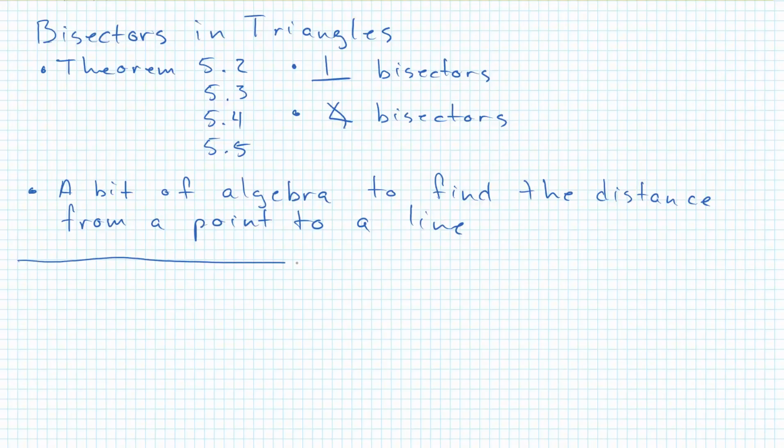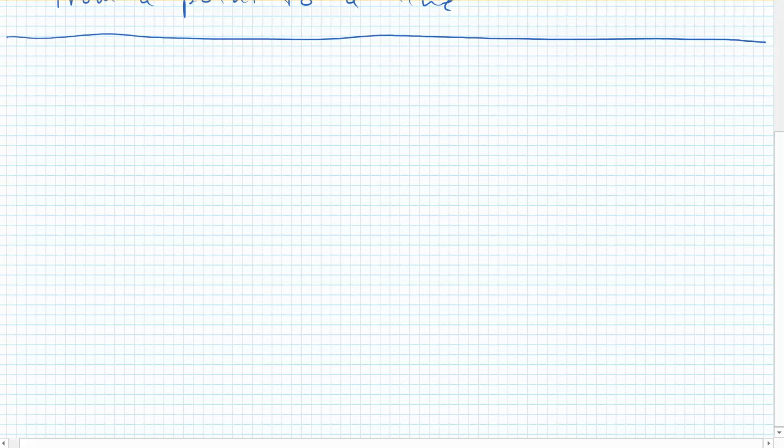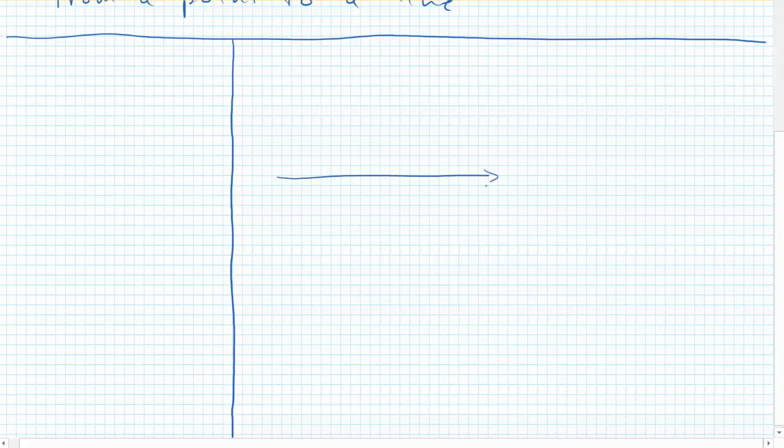So for starters, let's go ahead and look at a perpendicular bisector. Get ourselves set up here. So if we happen to look at a line and its perpendicular bisector, we can call this line AB, and the perpendicular line CD.